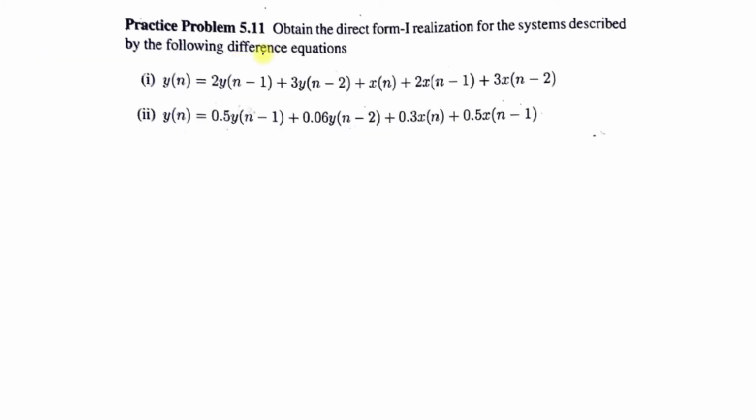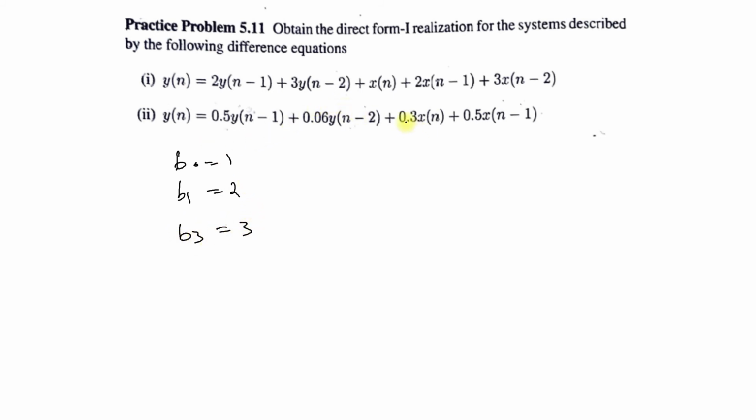So here are two homeworks. Take the first equation. First of all you have to write the coefficients corresponding to this one. So corresponding to x of n we have b naught equal to 1, then x of n minus 1, that is b1 equal to 2, then b3 equal to 3.